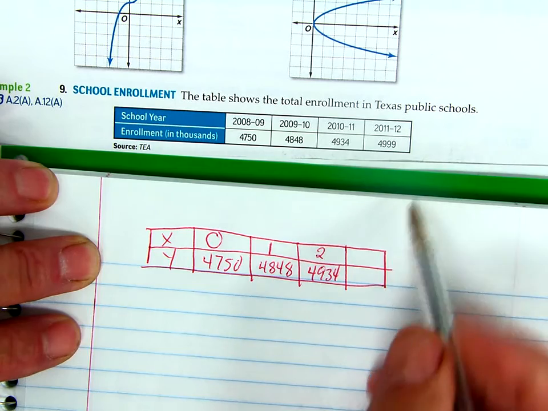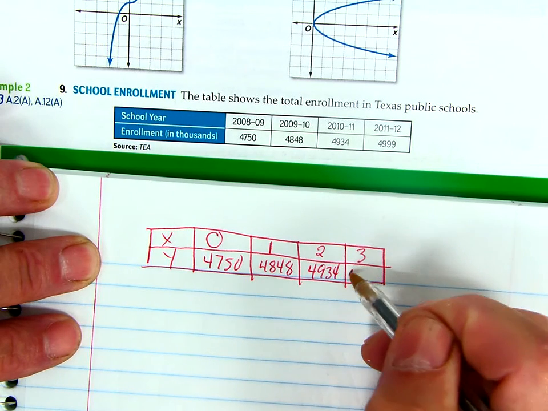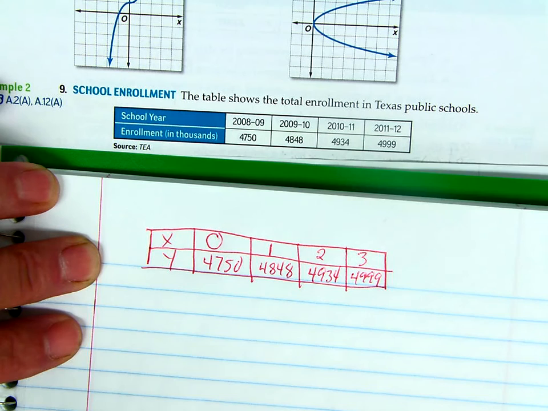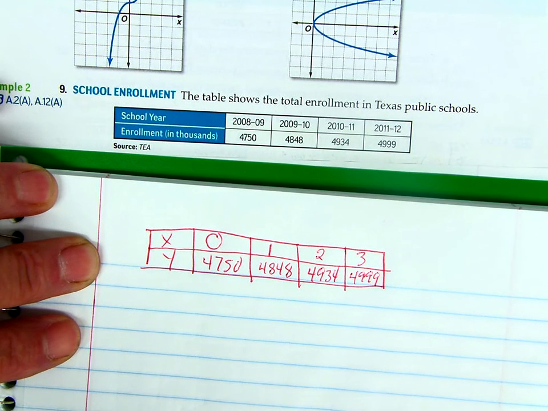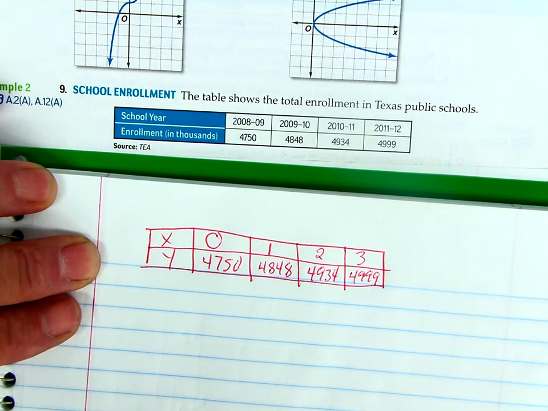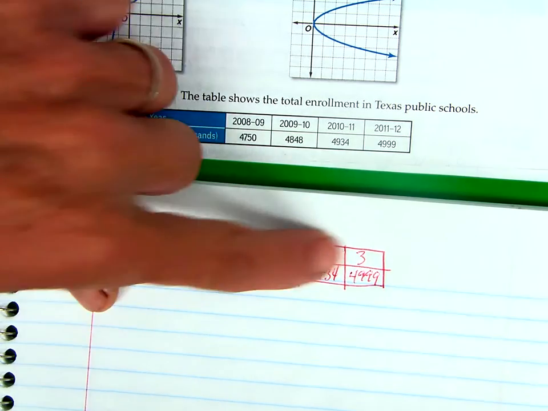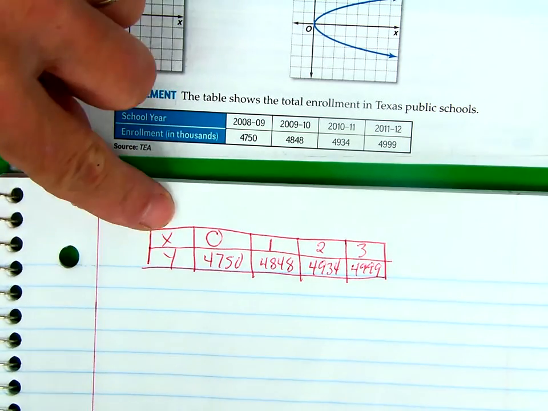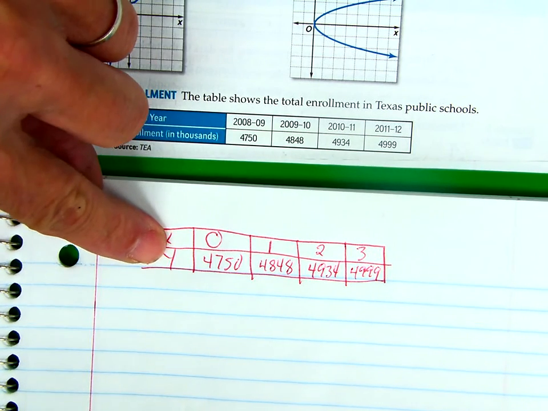And then 3. So really, this is the way our table should have looked. Now, they didn't tell us to make a table, but I drew it out so that you would understand what we're going to do next. And I labeled it X and Y.